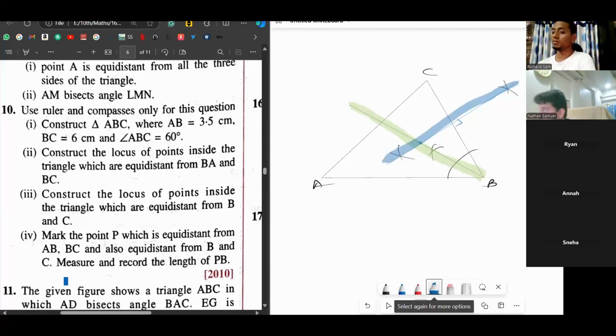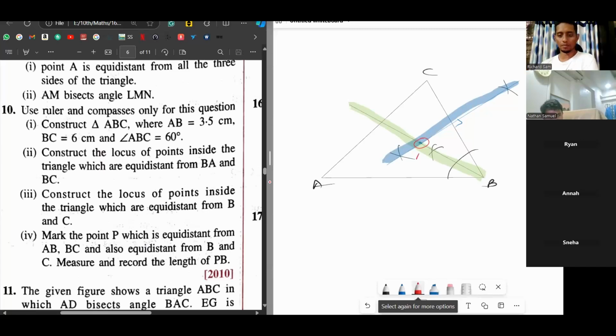Equidistant from B and C. So at this particular point, both the lines are meeting, right? So at this point, that point will satisfy both the conditions. Means it is equidistant from AB and BC also, and it is also equidistant from B and C. So that's your final answer. That point is called P.